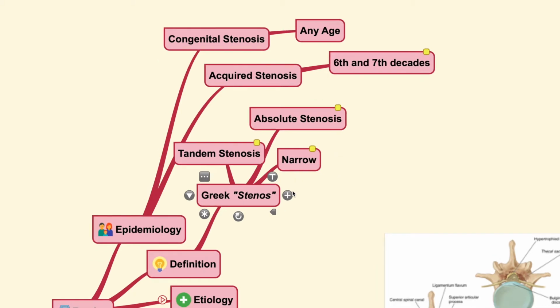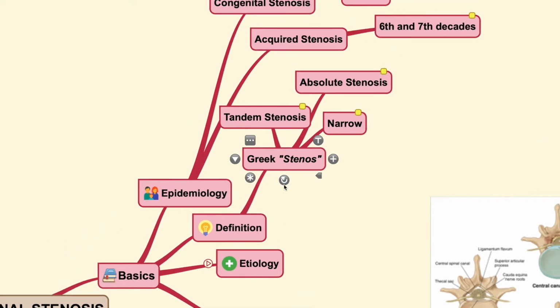And there are also two types of stenosis, known as the tandem stenosis and absolute stenosis. When the spinal canal has reached a diameter of less than 10 mm on its AP diameter, we call that an absolute stenosis.